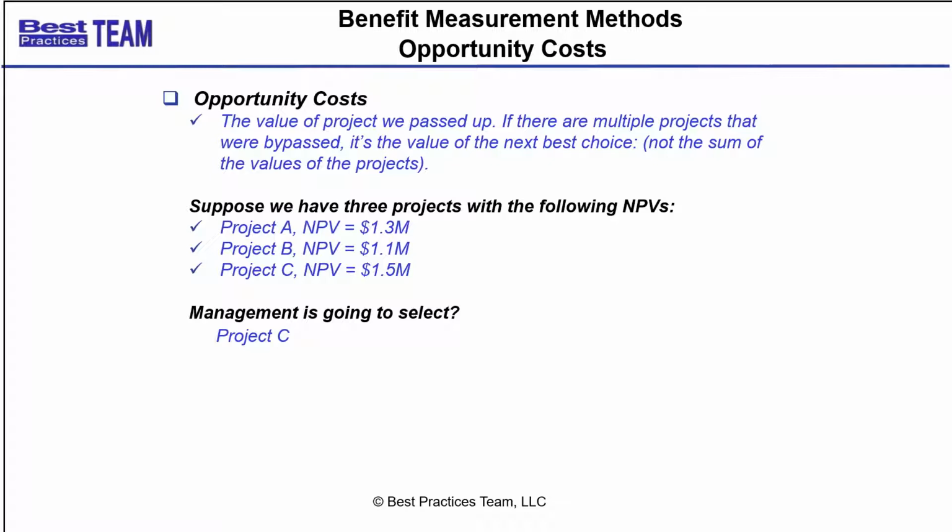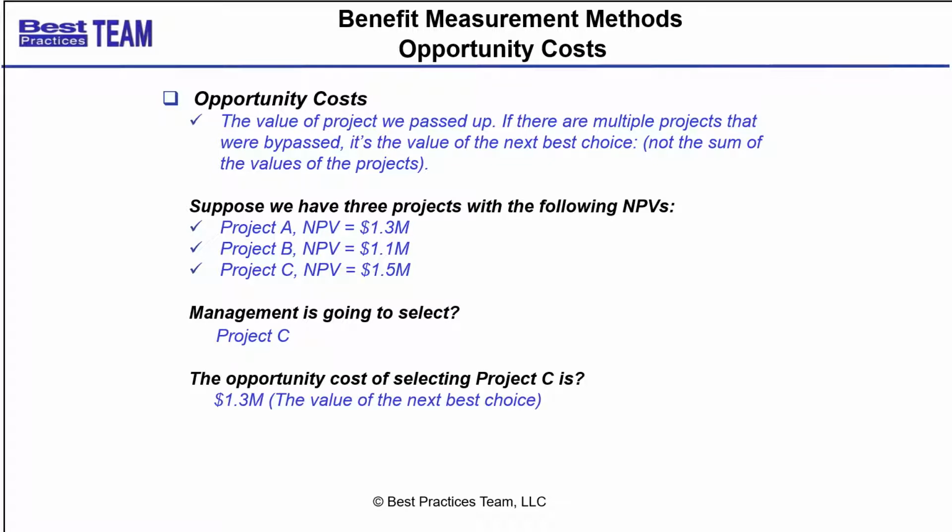So if we pick C, what's the opportunity cost of picking C? Well, you don't add up both of net present values of A and B and come up with 2.4 million. It's the next best choice, or the value of A. So $1.3 million is the opportunity cost of picking C.